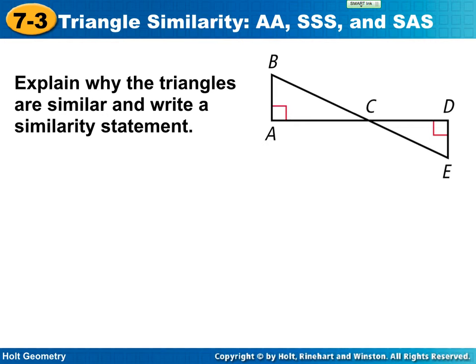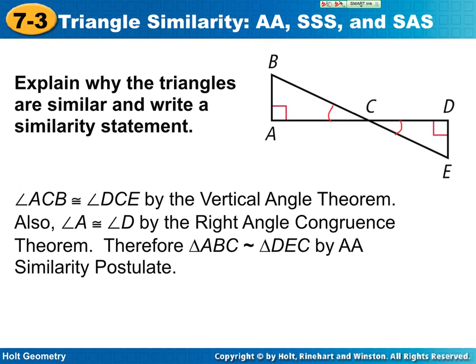That was called the right angles congruence theorem, and it said exactly that. All right angles are congruent. So there's one pair of angles congruent. What else? There's vertical angles. Okay, vertical angles, and you'd have to do the three letters. So angle BCA is congruent to angle DCE. And so now our two triangles are similar by angle-angle similarity.